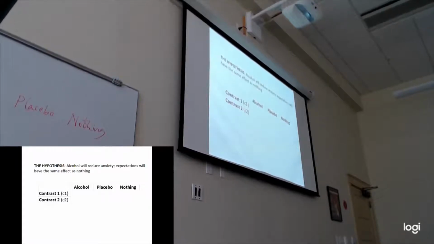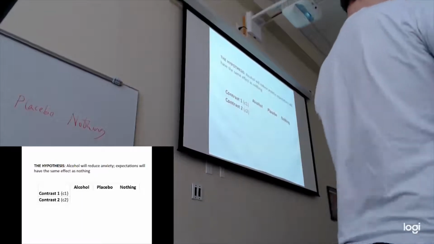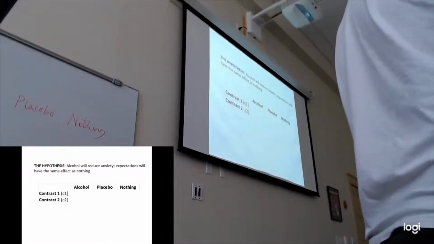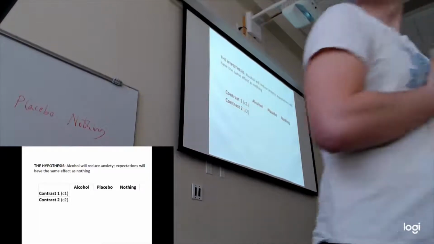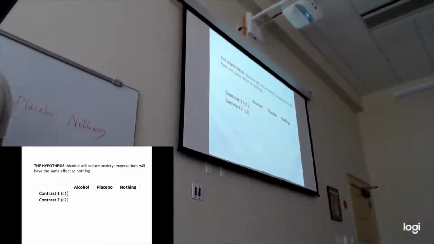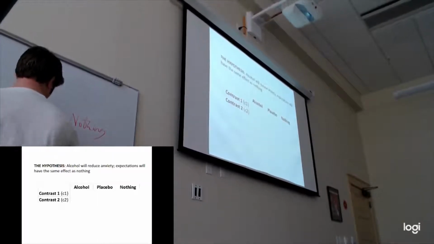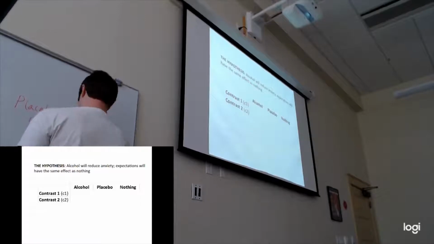Who can tell me what C1 would be, or one option for C1? Negative 2/3 for alcohol and 1/3 for C1. Right. Negative 2/3, 1/3, 1/3.